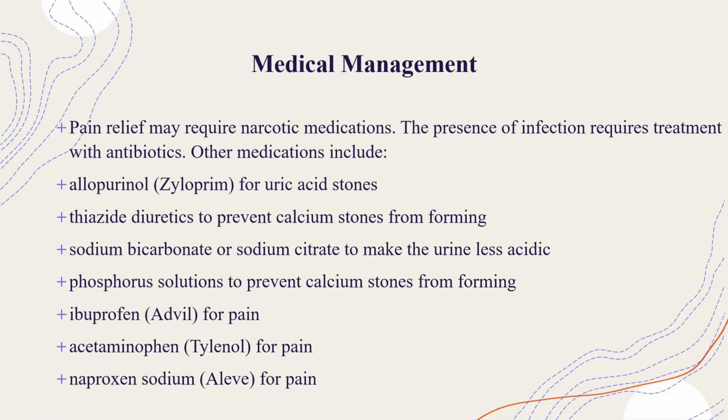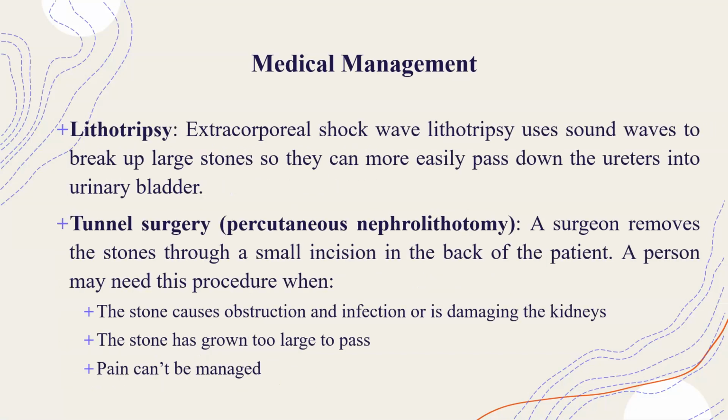Other medications could include allopurinol for uric acid stones, thiazide diuretics to prevent calcium stones from forming, sodium bicarbonate or sodium citrate to make the urine less acidic, phosphorus solutions to prevent calcium stones from forming, brufen for pain, acetaminophen or Tylenol for pain, and naproxen sodium for pain.